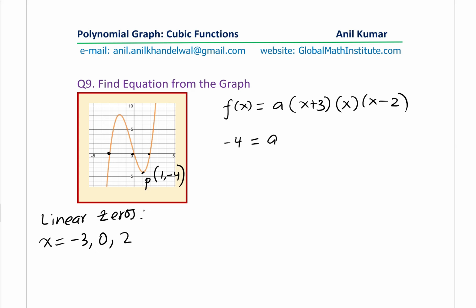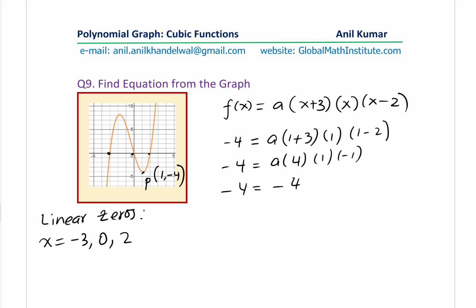Right? So a times 1 plus 3 times 1 times 1 minus 2. So we get minus 4 equals a times 4 times 1, and this is minus 1. So we get minus 4 equals minus 4a, and that gives you the value of a as equal to 1.